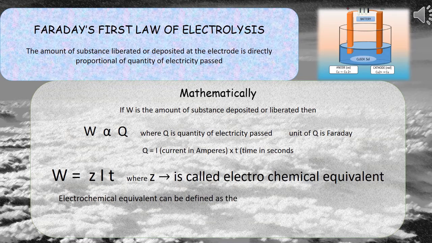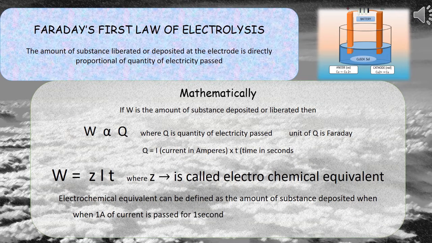Electrochemical equivalent can be defined as the amount of substance deposited or liberated when a current of 1 ampere is passed for 1 second. Or you can say that it is the amount of substance deposited or liberated when 1 coulomb of electricity is passed. That is it.